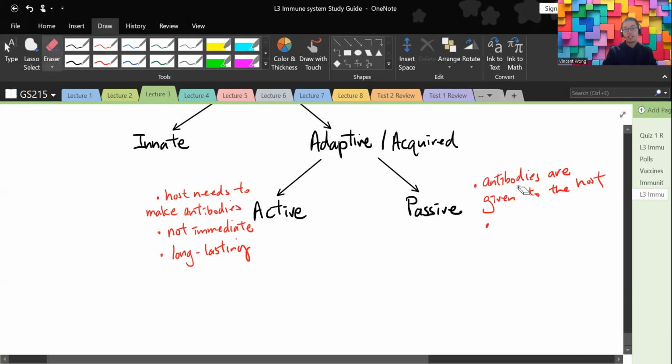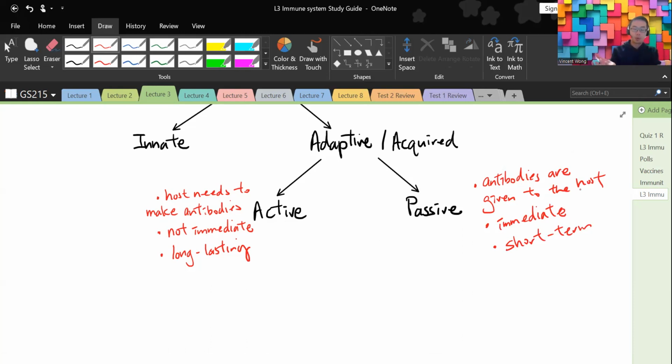As soon as these antibodies go into your system, you will be protected immediately. Immediate protection, but it will be short-term, because you won't be creating your own memory cells. Once those antibodies are broken down, the protection is gone.